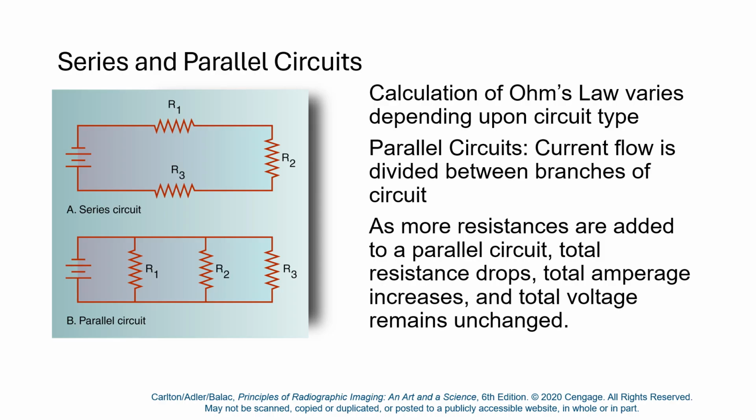The electrons flowing out of the cathode of the battery have to go through all 3 resistors to get back to the anode of the battery. And that creates a unique set of rules, versus in the parallel circuit, the electrons can choose to go through resistor number 1 or resistor number 2 or resistor number 3 to get back to the battery.